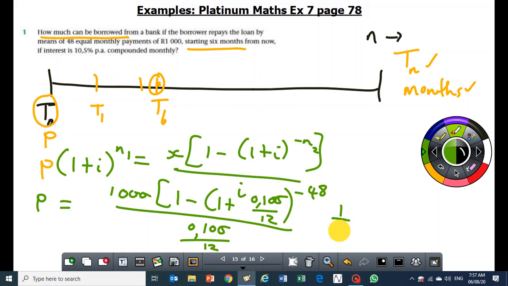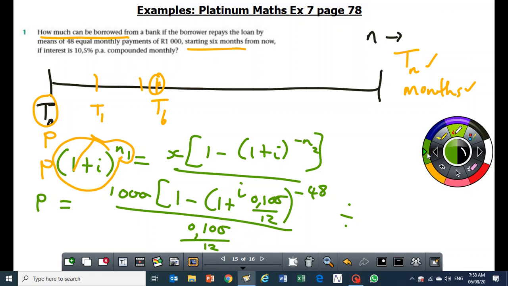We are going to divide all that by whatever is there. So you do the division, you will get 1 plus 0.105 over 12 raised to the power of 5.